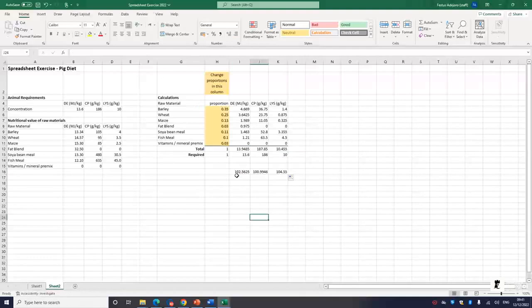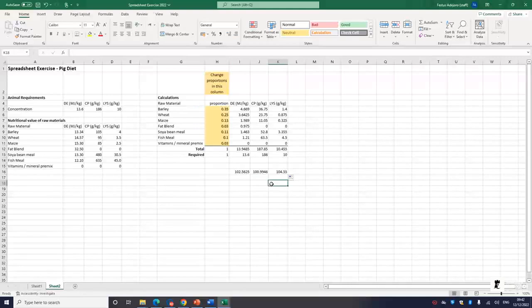What this has shown me is basically that my diet has exceeded the 100% requirement of the animal by 102, by 100, and by 104. You get? That can help me in terms of easy understanding of what my 13.9 is in comparison to my 13.6.